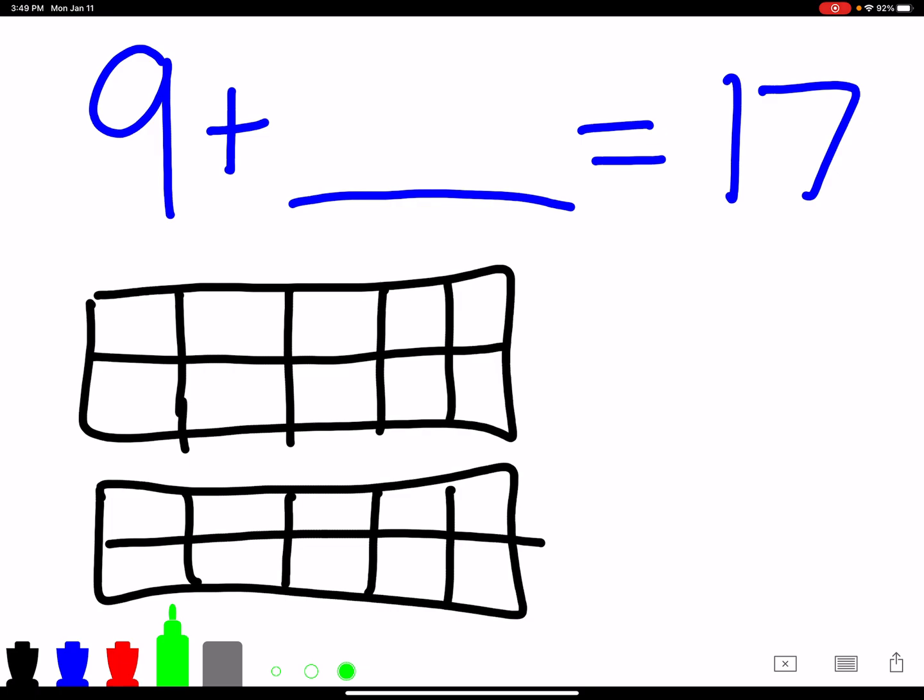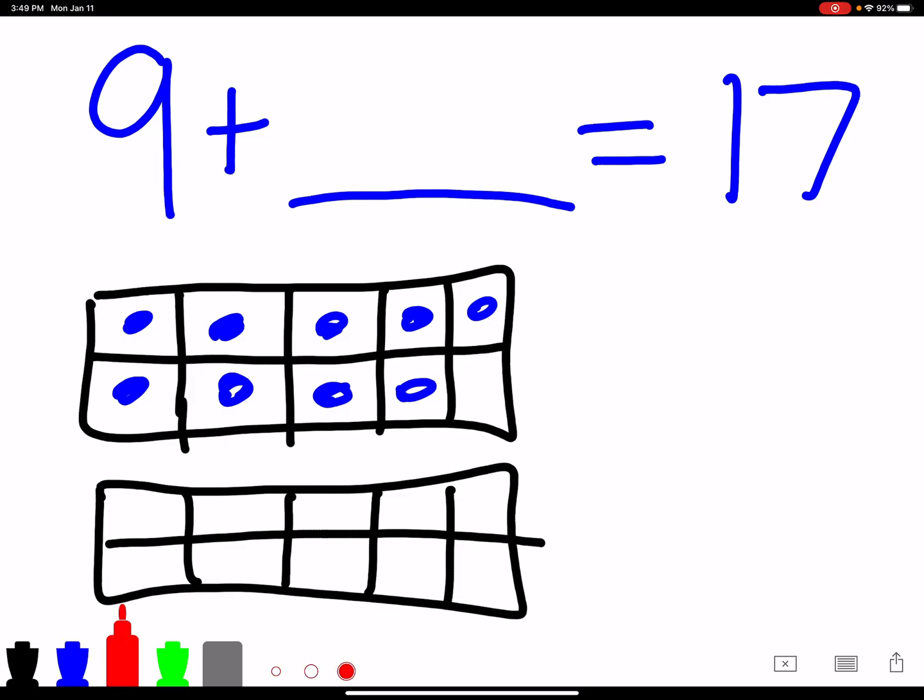So if we were to draw 1, 2, 3, 4, 5, 6, 7, 8, 9. So now we have 9, but we're trying to figure out how many more we have until we get 17. We could do 17 minus 9 to get our answer, but to show our work on this, we can count up until we hit 17. So let's practice.